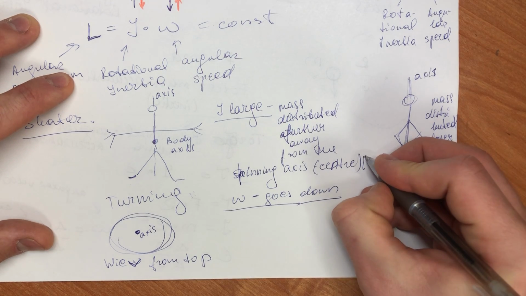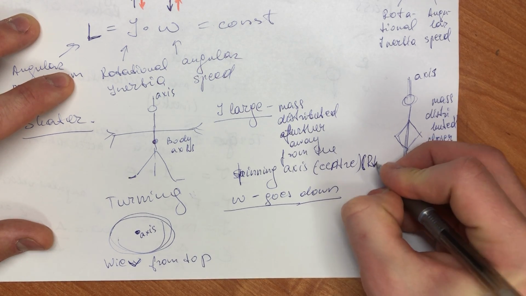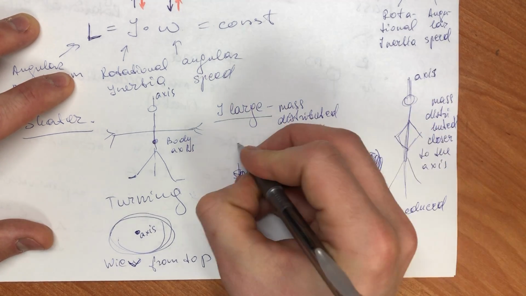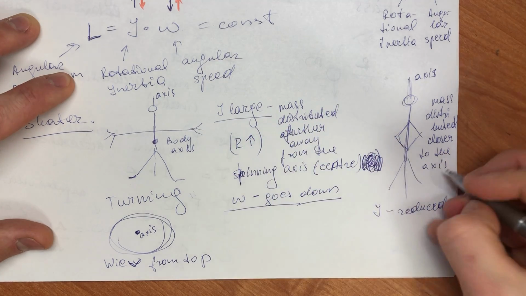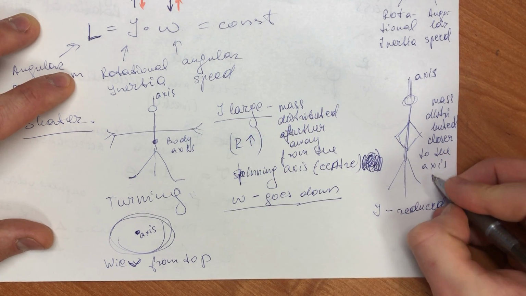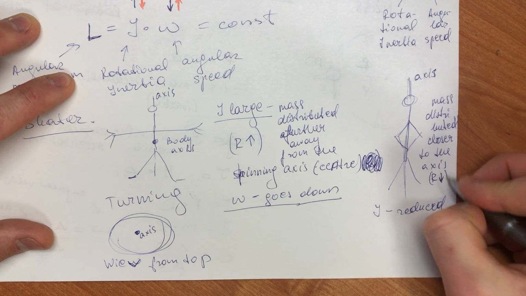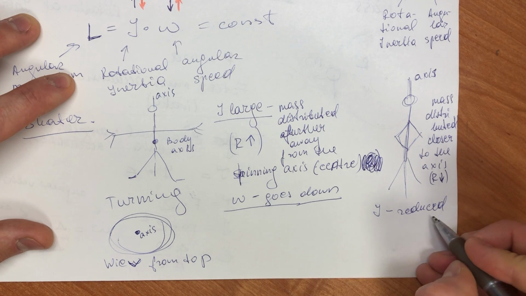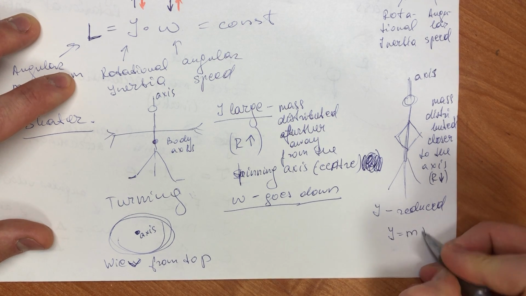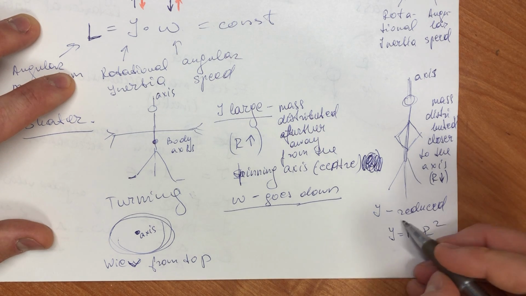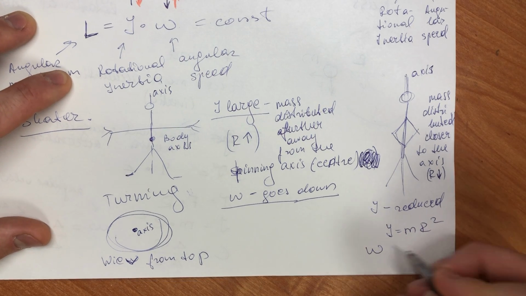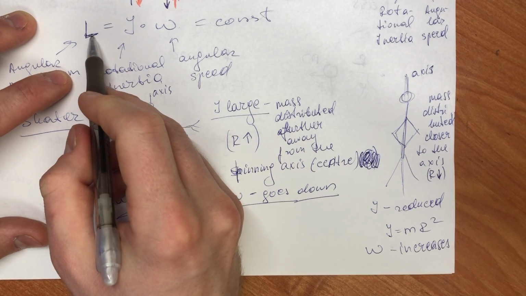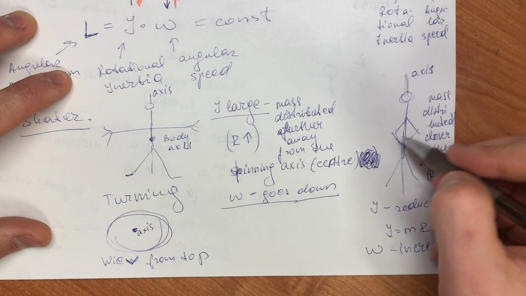R was large in the previous case; now R goes down. I is reduced, because I is mr squared. Angular velocity increases, because angular momentum has to be conserved. So therefore he is spinning faster.